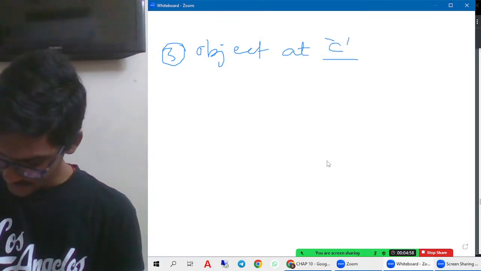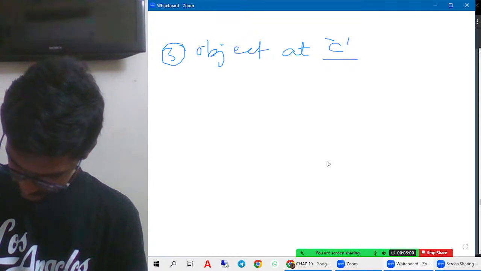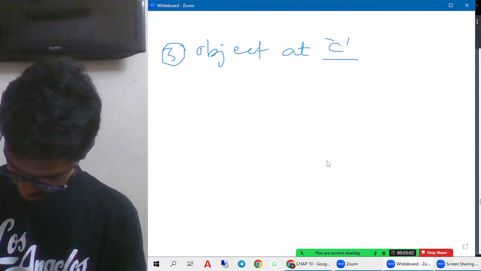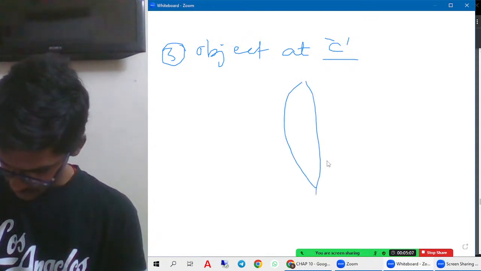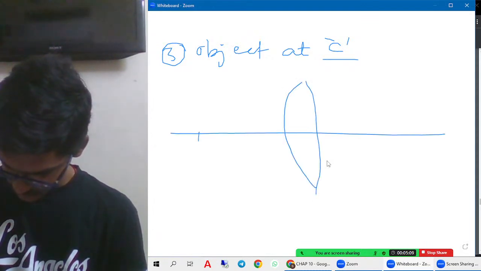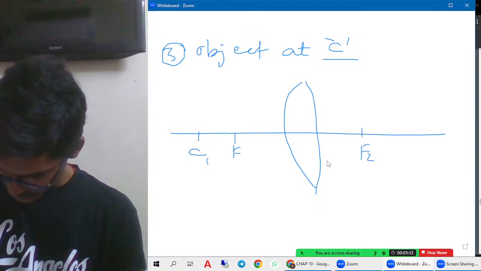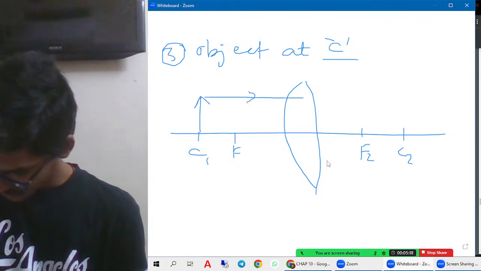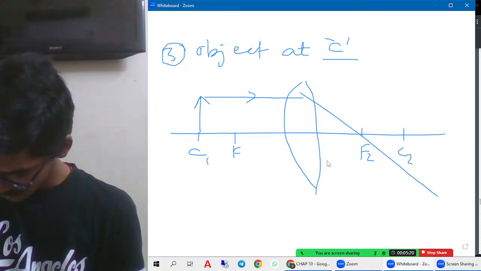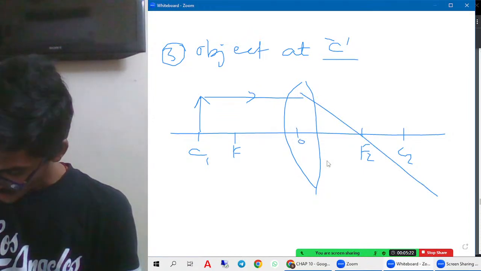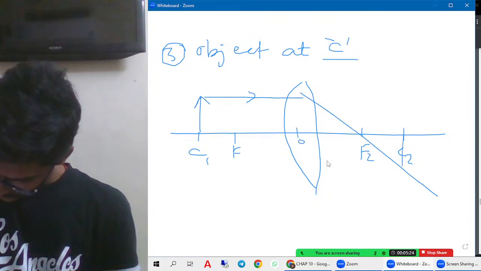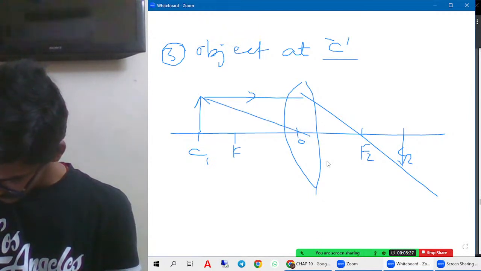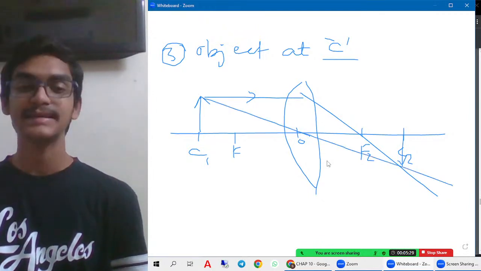Object at C, right? Somewhat here, exactly at C2 you'll get it.